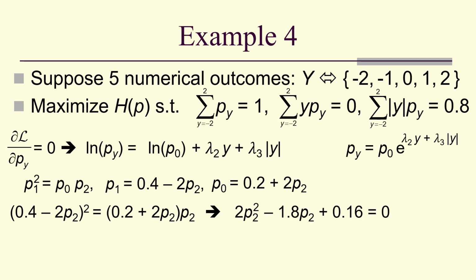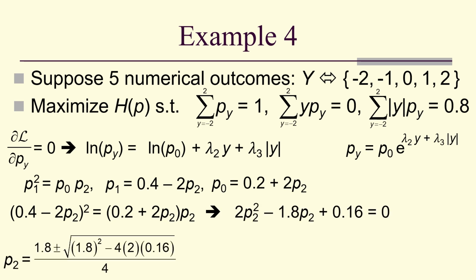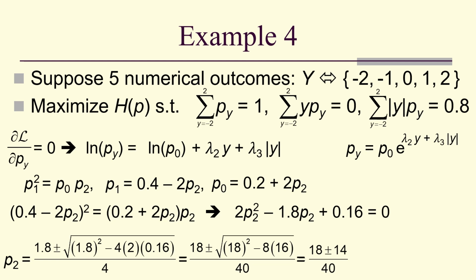So this is all just mechanical. I don't want to put too much emphasis on the importance of this. This is all just basic algebra. But you do your basic algebra and you get some solutions. And it's either 0.8 or 0.1. But notice again, we can't use the 0.8 because that would make p naught bigger than 1.